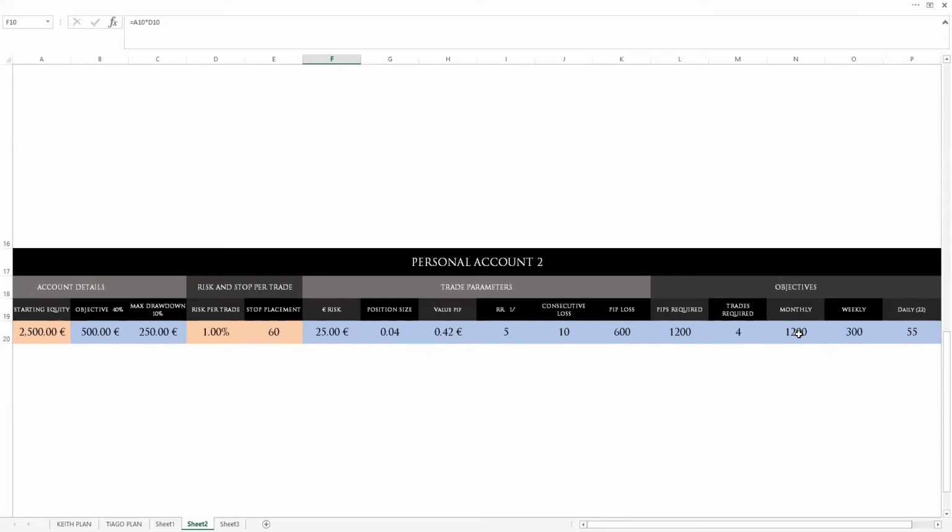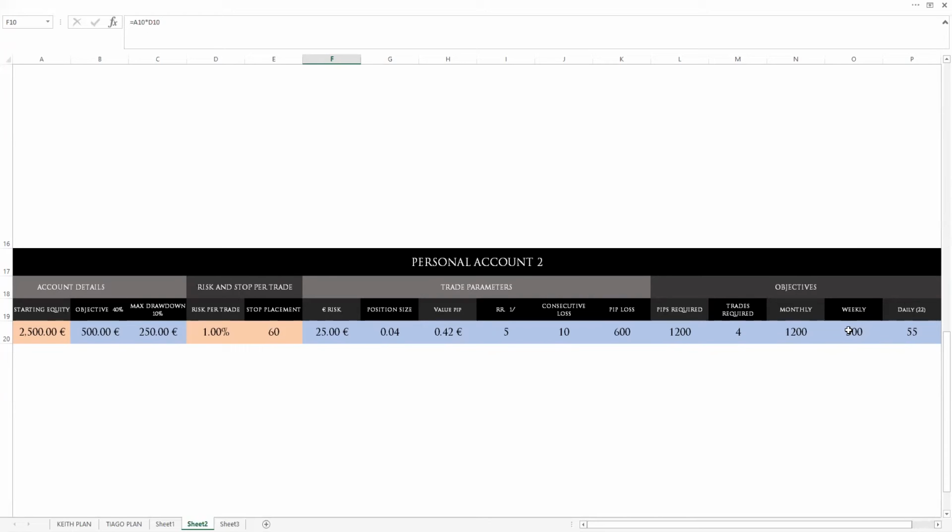So here my monthly objective is 1,200 pips, and weekly 300, and daily 55. But because I'm trading off of the 1 hour, I'm looking for the weekly range, and trying to get these 300.